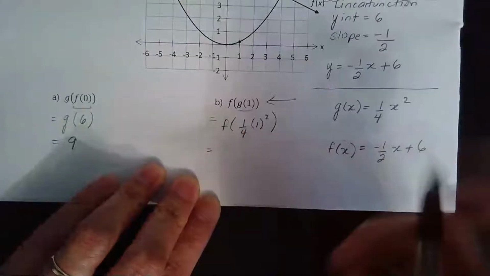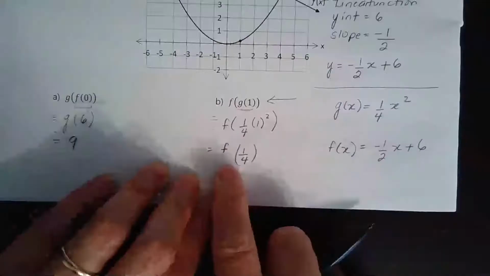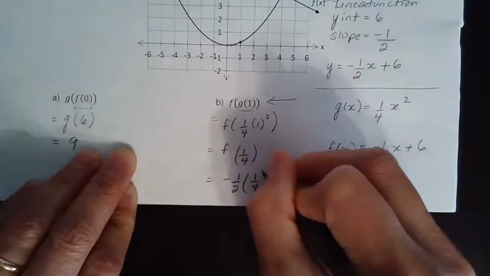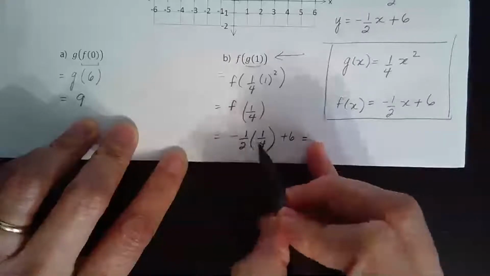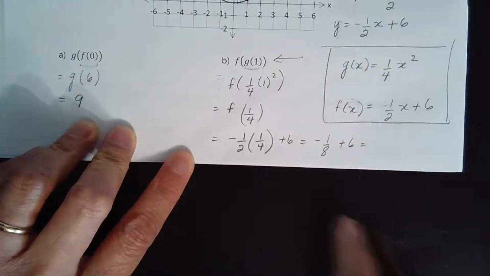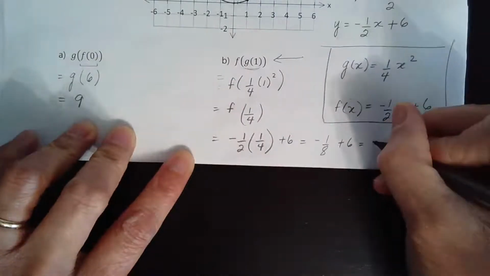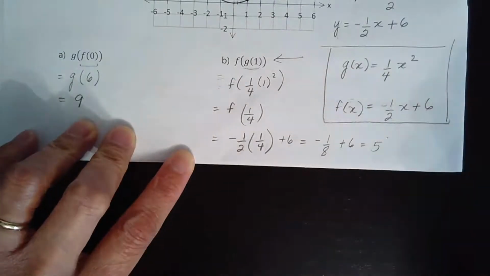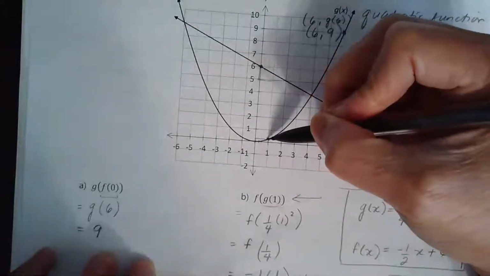Then I'm going to use the function f, and replace x with 1/4 wherever we find the x. So it's negative 1/2 times 1/4 plus 6. That's going to give us 5 and 7/8.